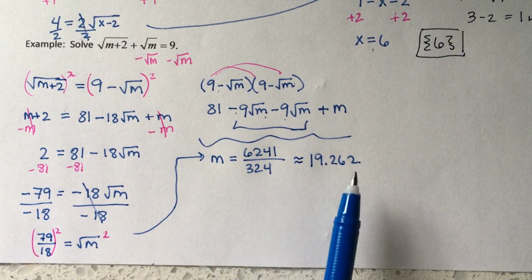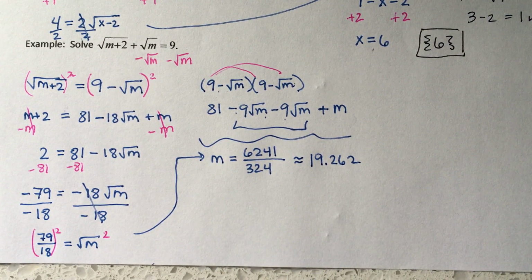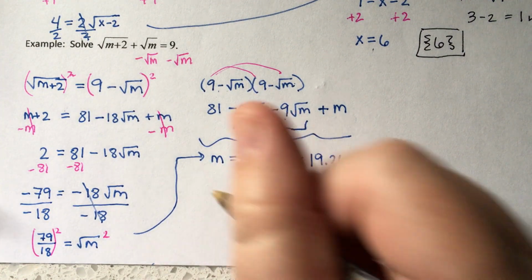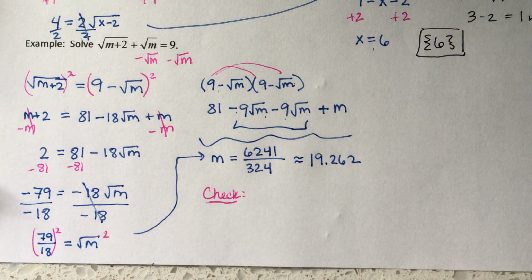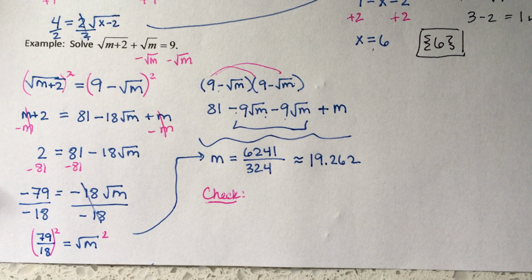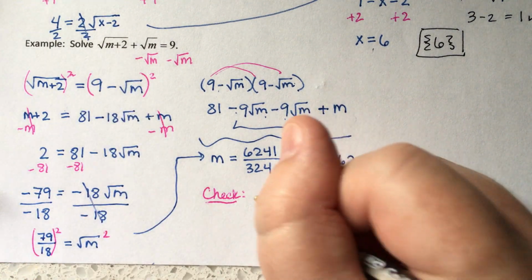Even though this is an ugly answer, we still need to check it because anytime you square both sides of an equation, you could get an extraneous solution, meaning one that does not check. So let's try it. I'm going to use the calculator, so I'm using the decimal, and I'm just plugging into the original equation.